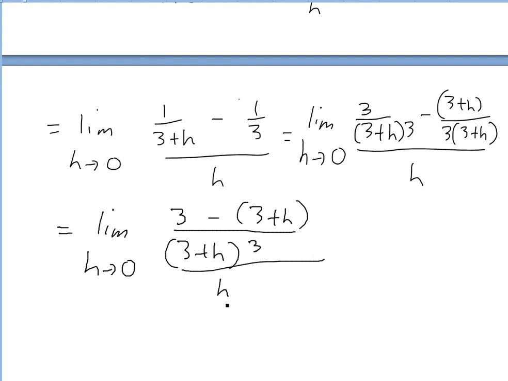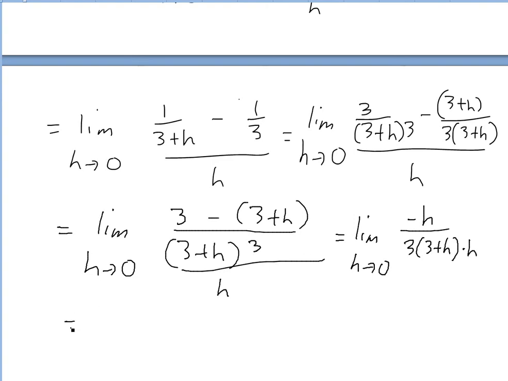Now we can bring this h into the denominator, which means the same thing. So the limit as h approaches 0, and also cancel this 3 out: 3 minus 3 is 0, and then negative multiplied by plus h is negative h. So we have negative h, all divided by 3 times 3 plus h, times h. Now we can cancel the h's.